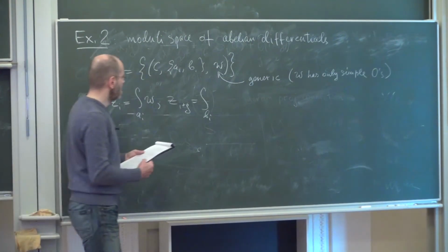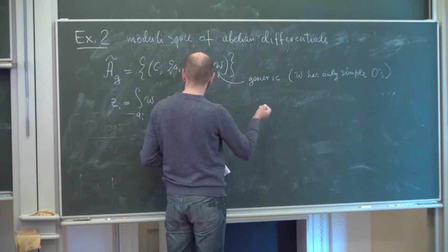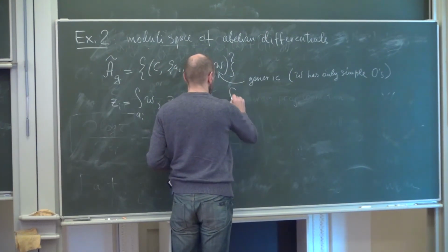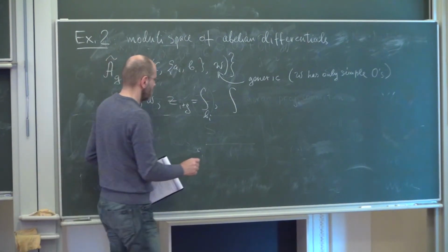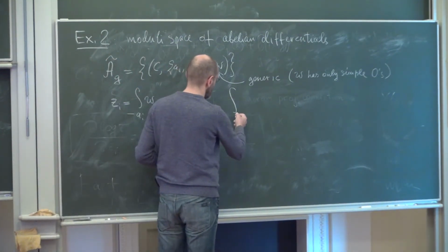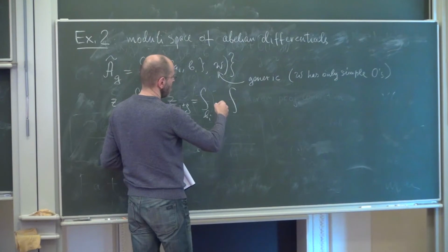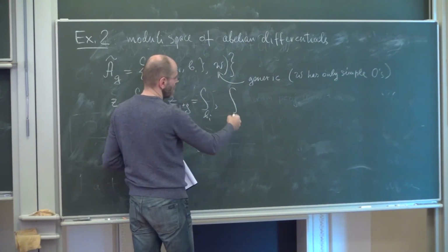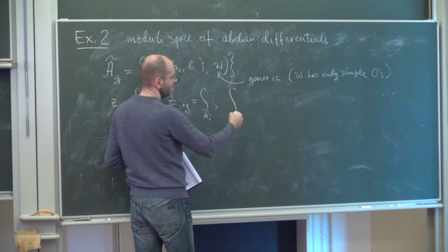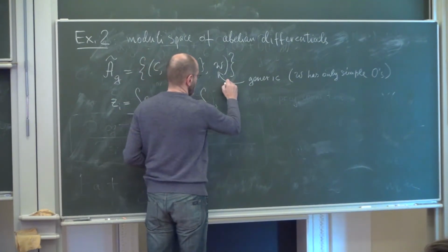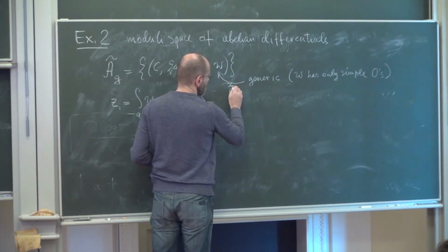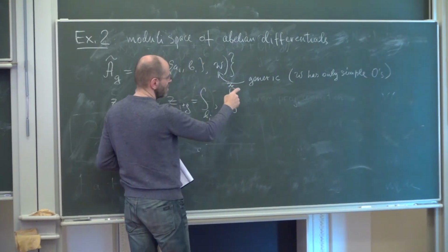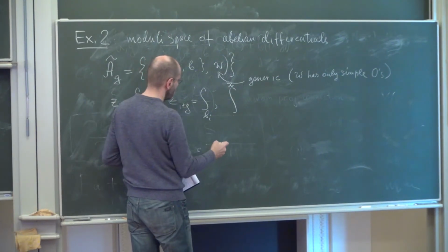So we consider relative homology. So we just consider the integrals of w from one simple zero to all others. So let's assume that we denote zeros of w by x j.